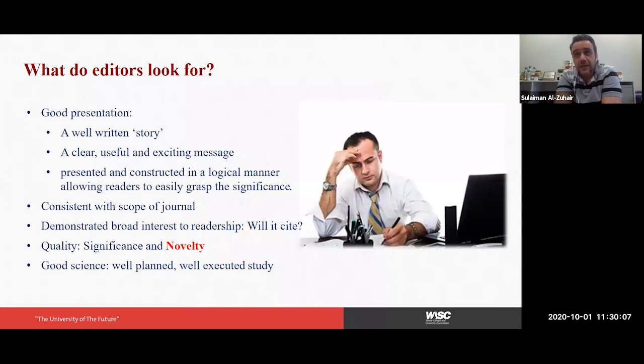So the first step in order to get the paper published is to convince the editor to accept sending the paper for reviewing. And you need to know what the editors ask so that you can answer them in your paper. So they will look into good presentation. Is it a well-written story? When you present your ideas, you should always have a logical sequence.